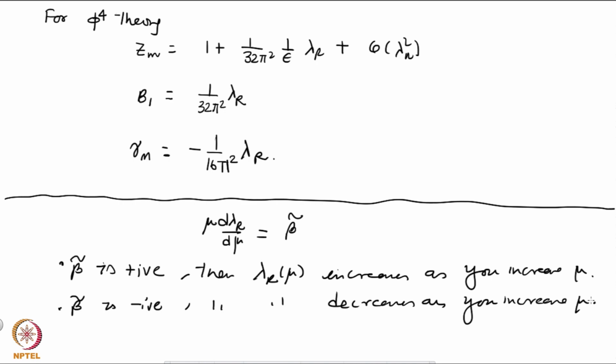And actually in a particular set of theories, you get beta tilde to be negative, and a Nobel Prize was also awarded for showing that the beta function is negative in those theories. So one of the important reasons why one is interested in the sign of the beta function is precisely how these coupling constants behave as you change the scale mu.